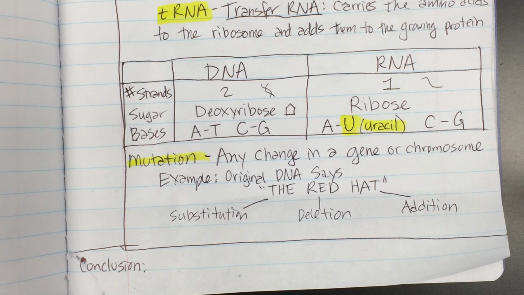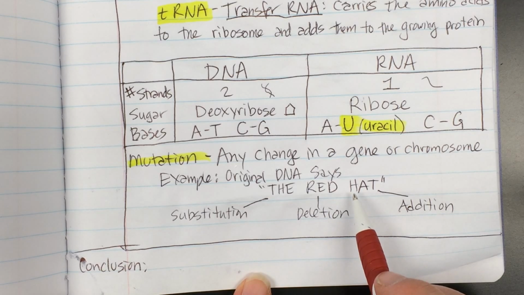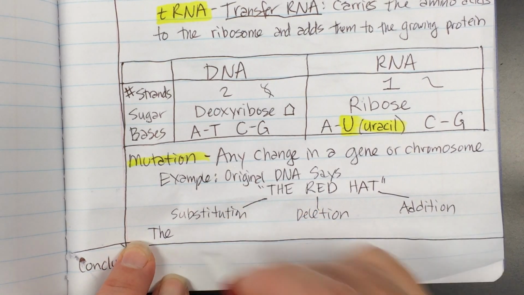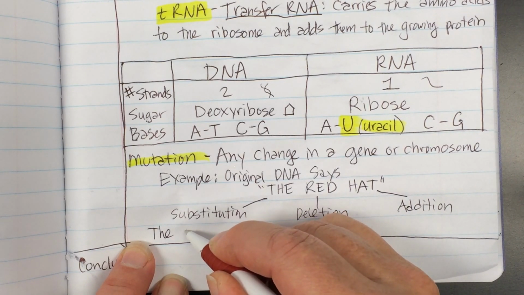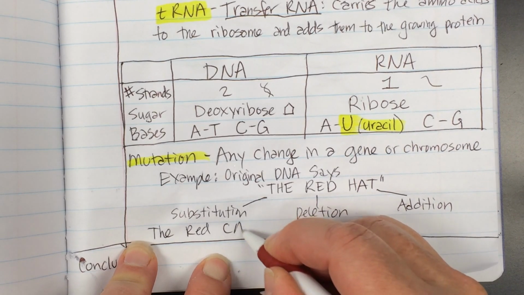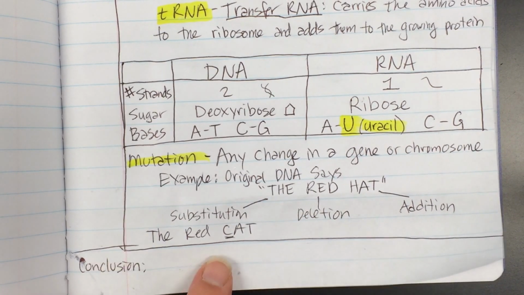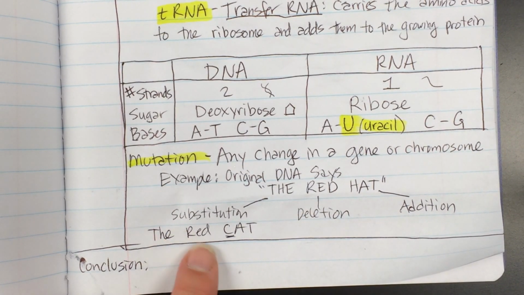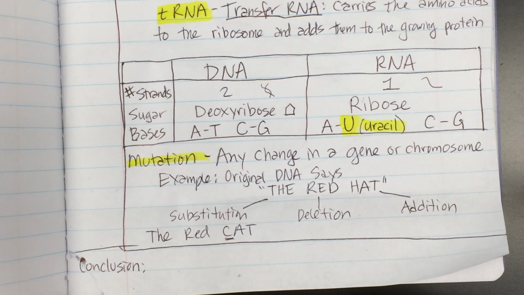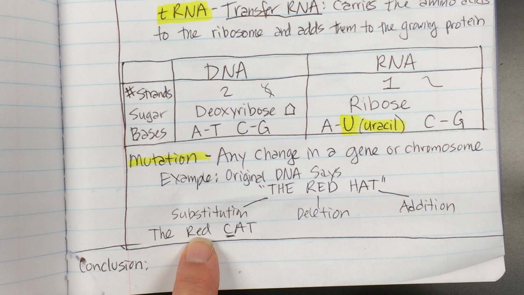So what if we substituted one letter, one little letter, and instead of an H there, we say the red cat. That's something completely different, right? A red cat or a red hat. So there you would have a mutation.